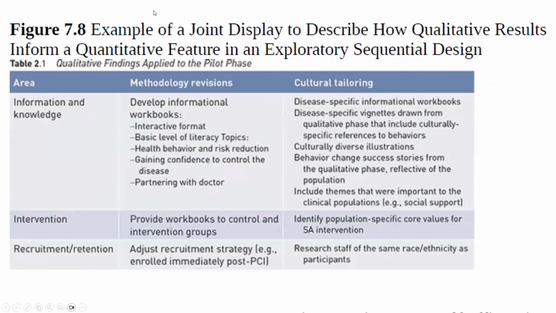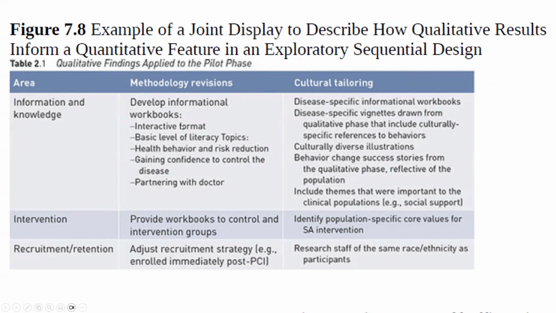See, this is another one. Example of a joint display to describe how qualitative results inform a quantitative feature. Now this is how you do it in exploratory sequential design. Are you applying exploratory? Are you doing qualitative first and then quantitative? This is the approach you use. For example, this is the area you use.